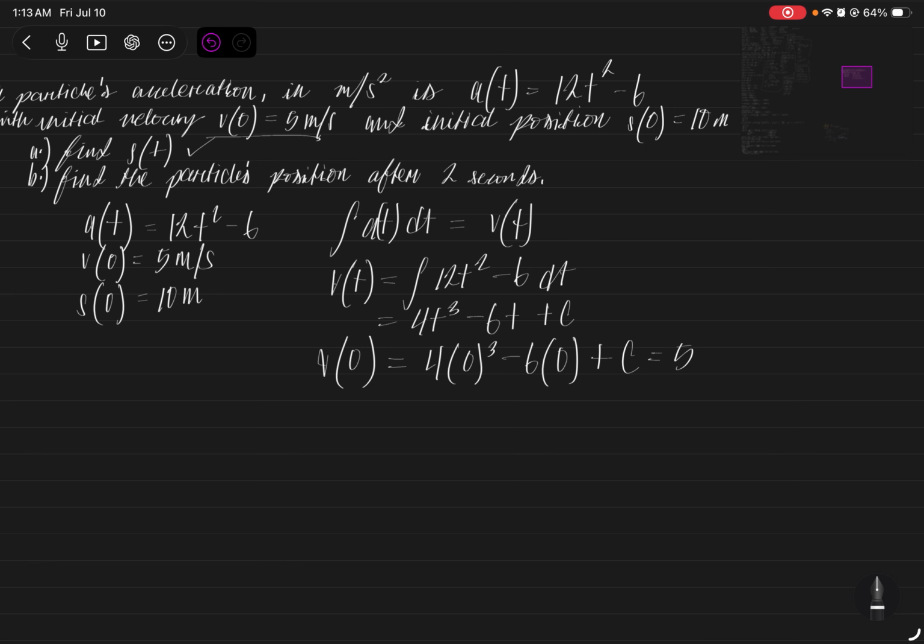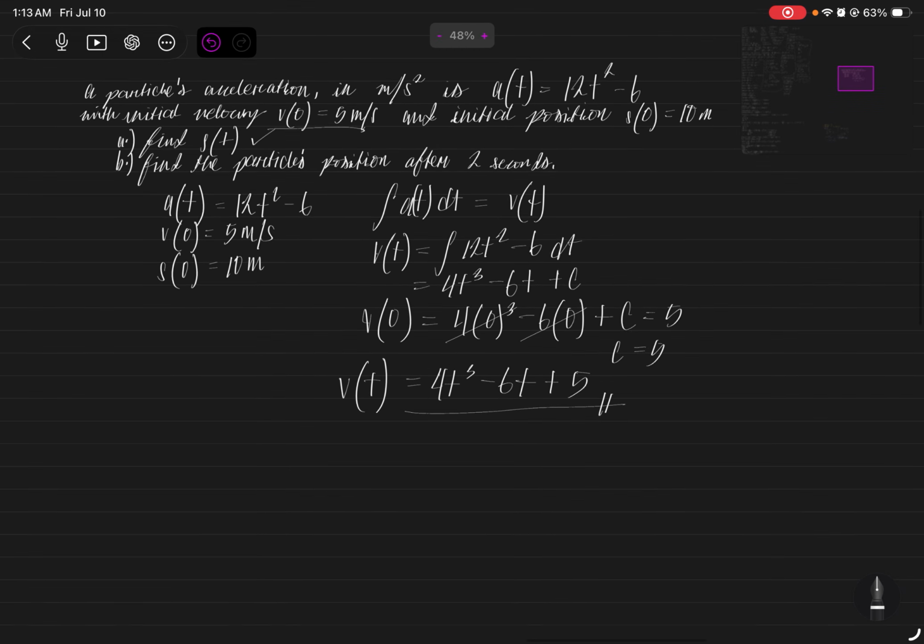Now this is cancelled and cancelled. Now c is equal to 5. Then we could just substitute the constant with 5. So this is our answer for v of t, but that's not what we're looking for.